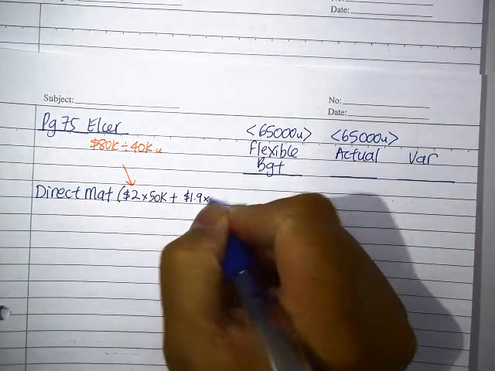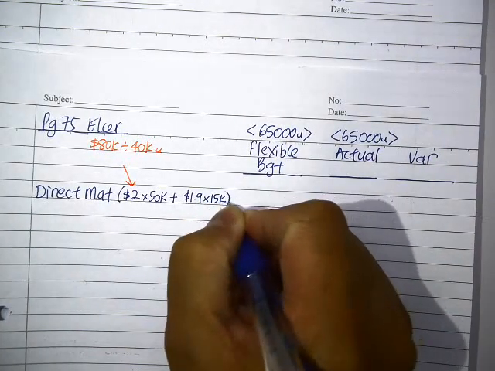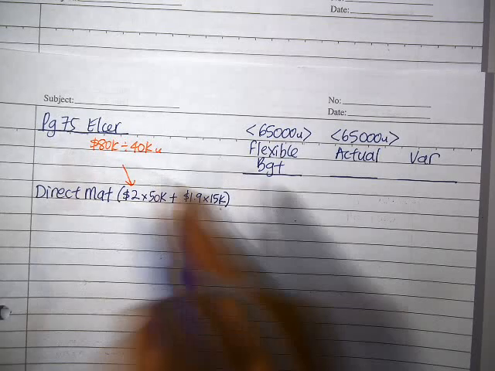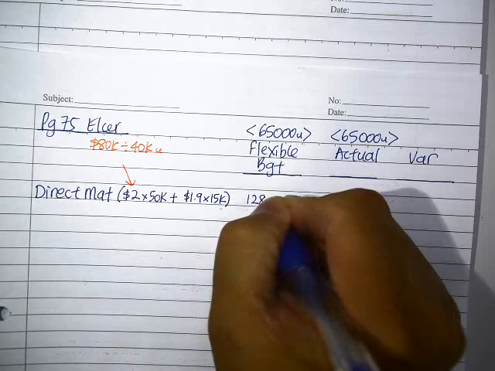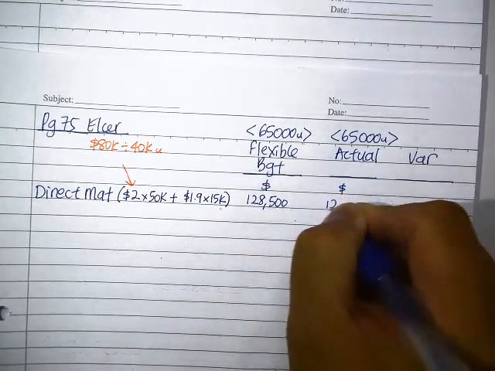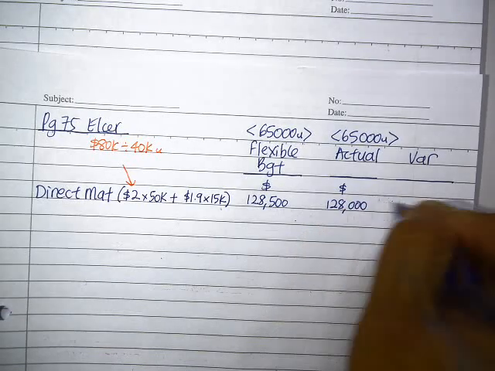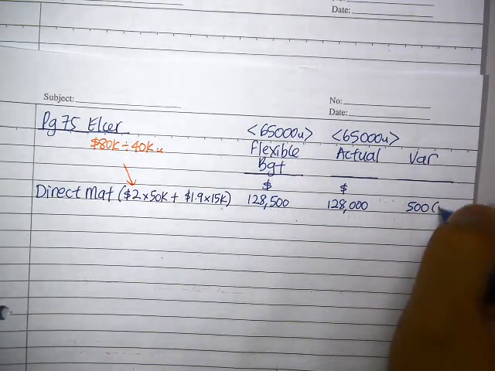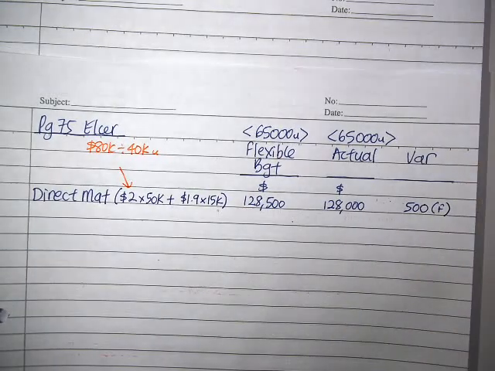That will be for the balance 15,000 units. So 15,000. So we get 128,500. And the actual is 128. So we have a variance of $500, and the actual cost is lower, so this is favorable, okay?